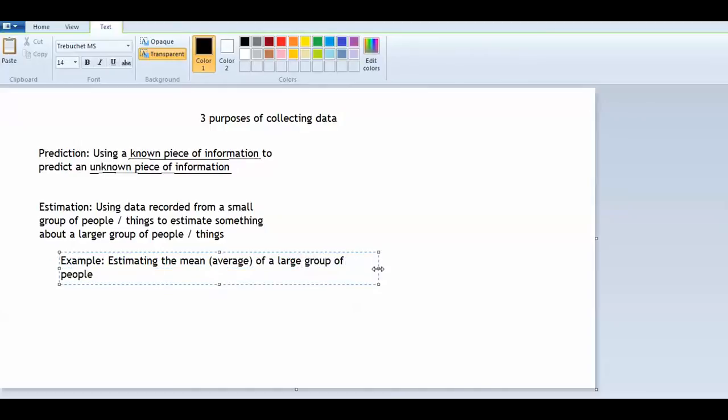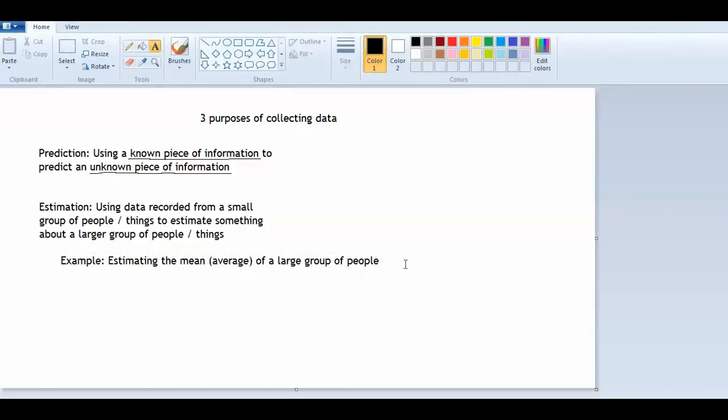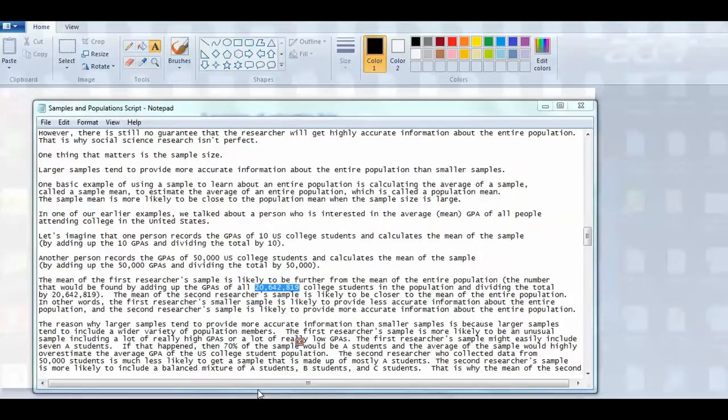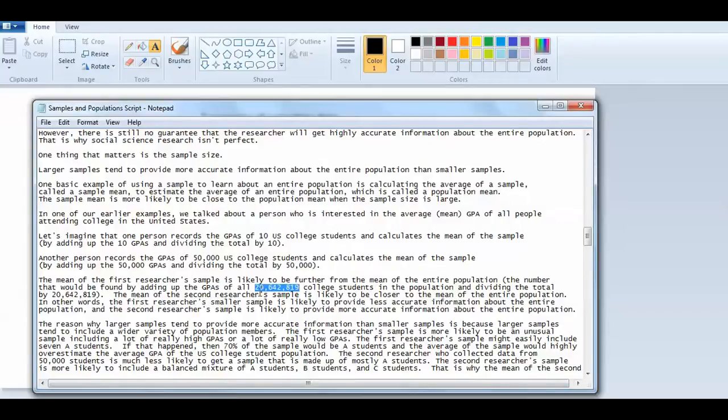A person might be interested in what the average GPA of all college students in the US equals. And there's a lot of college students in the US. I'm not sure if this number is still correct, but last time I checked, there's 20,642,819 college students in the US.